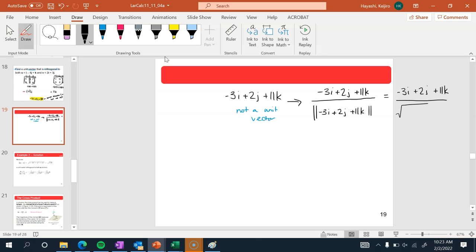Now its magnitude is going to be the square root of the sum of negative 3 squared, 2 squared, and 11 squared. Which comes out as the square root of 9 plus 4 is 13, 13 plus 121 is 134.